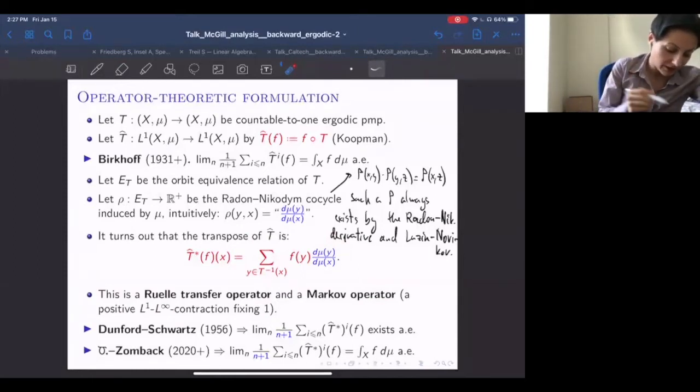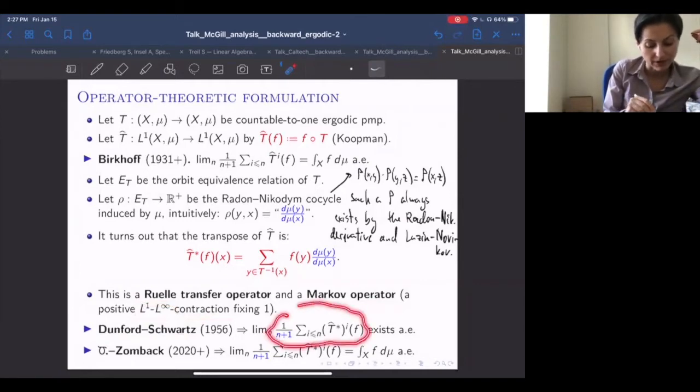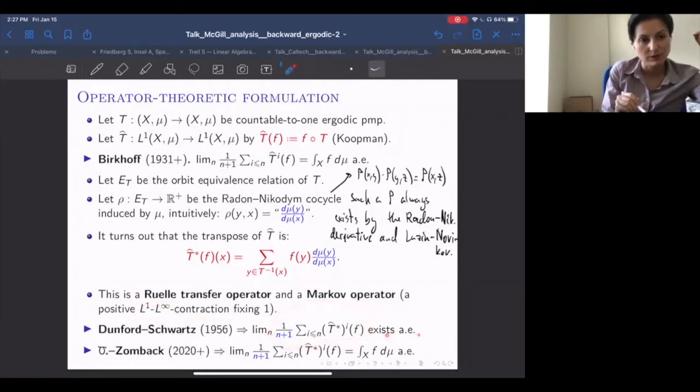So by a general ergodic theorem for Markov operators, Dunford and Schwartz have a theorem that says that if you take ergodic averages of such contractions, the limit exists almost everywhere. But of course, this is too general to tell you what the limit should be.